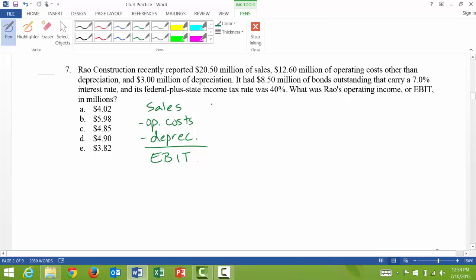So they said sales was 20.5, operating costs were minus 12.6 million, and depreciation was 3 million, so minus 3 million. And then when we subtract that, we should get EBIT of 4.9 million. And so that's answer D.